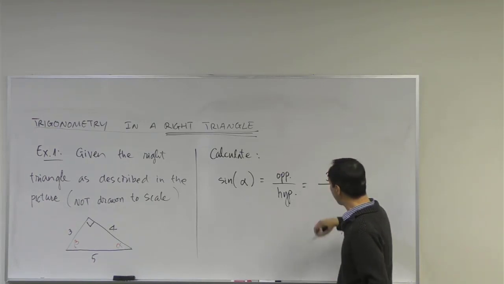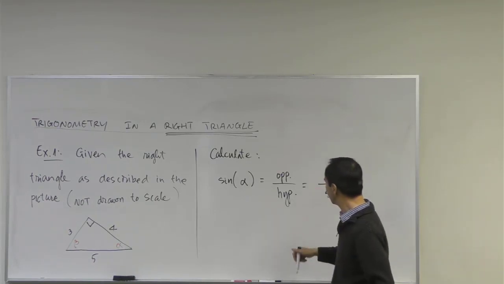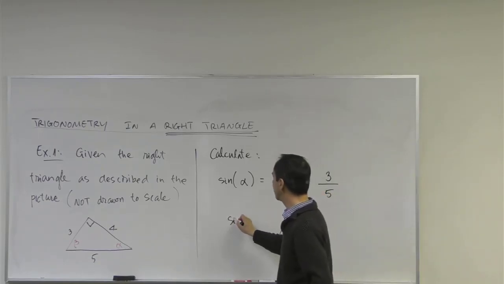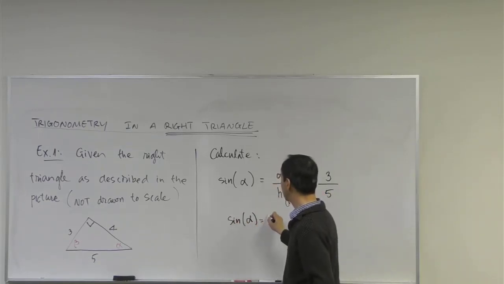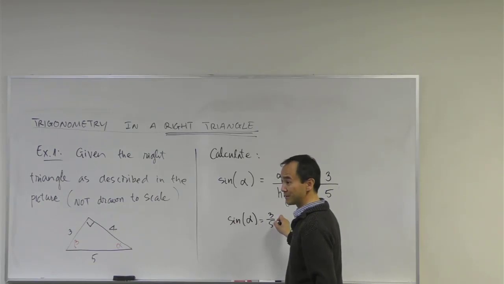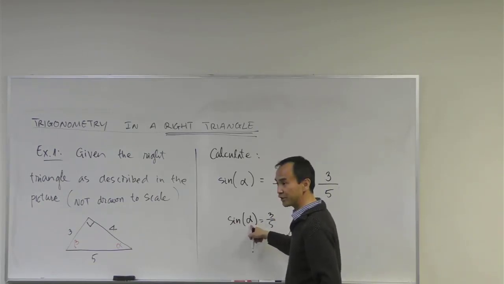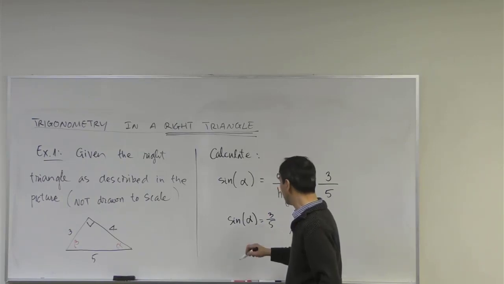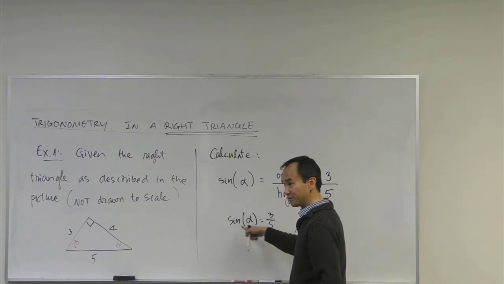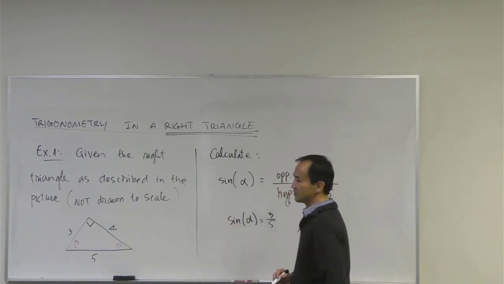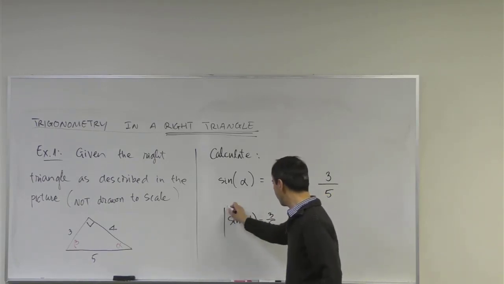And how big is the hypotenuse? 5. There you go. So sine of alpha, we don't need the actual measurement of angle alpha. All we need is opposite and hypotenuse to calculate the sine value of our designated angle.